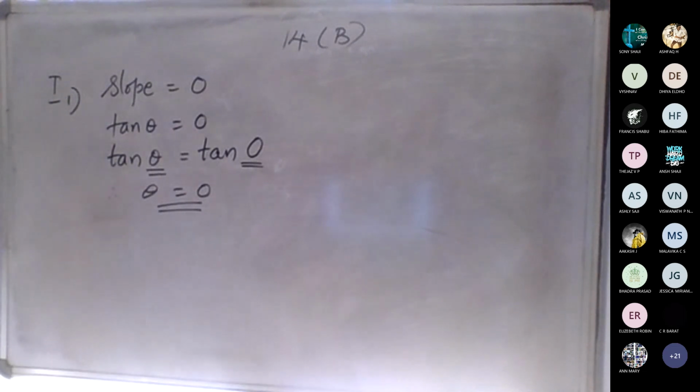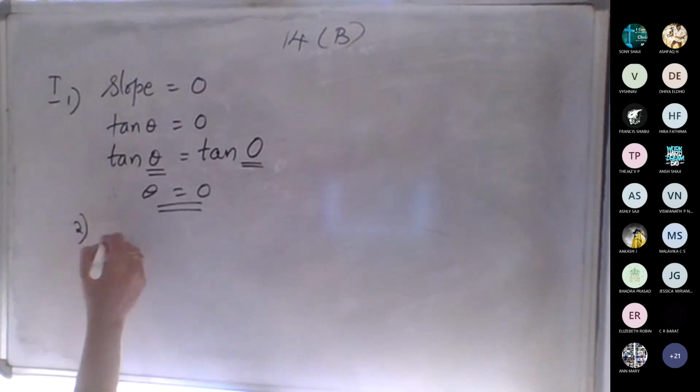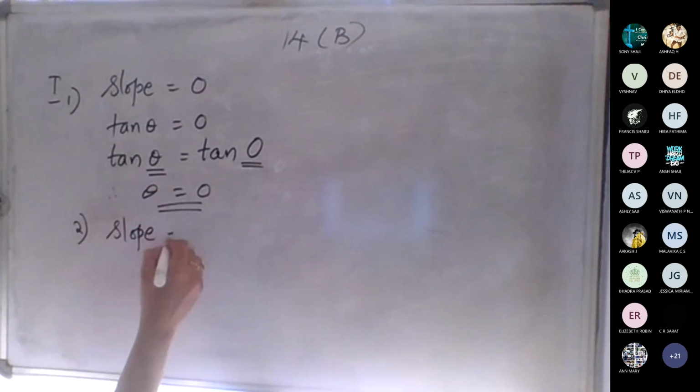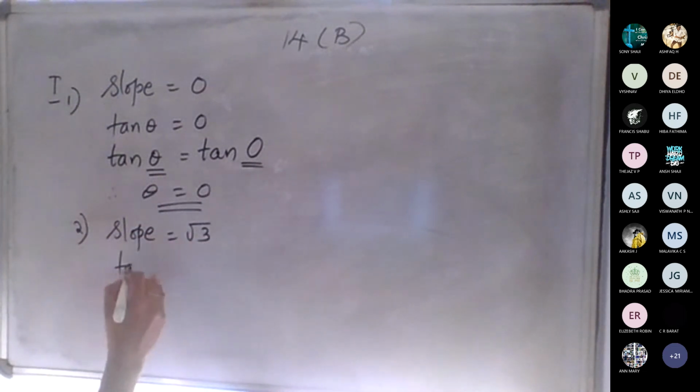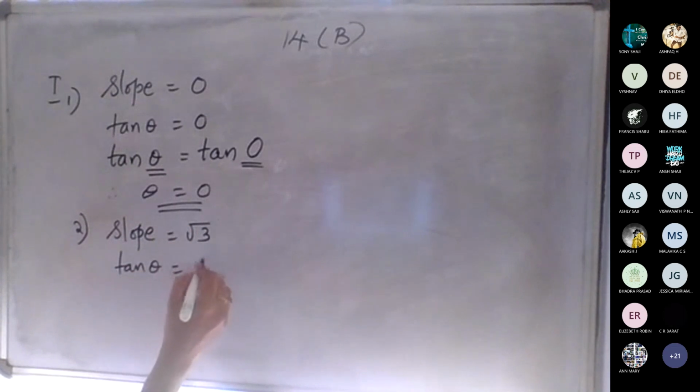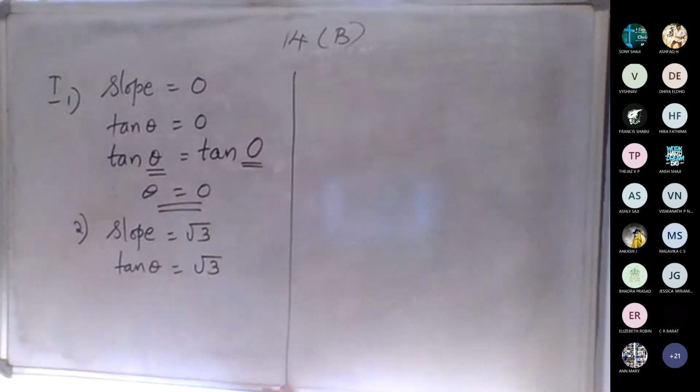Next question. Slope is equal to root 3. So tan theta is equal to root 3.